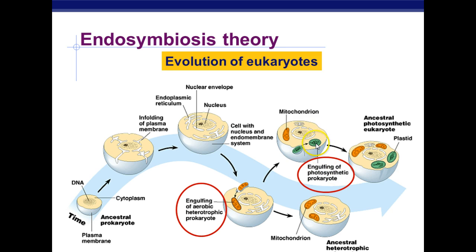So now it's engulfed a bacteria that's very good at producing its own food and also produces ATP as well. Not nearly as efficiently as aerobic respiration, but still produces energy. This then evolved into the first photosynthetic eukaryote autotroph. Remember that autotrophs are organisms, plants in particular, that can make their own food and energy.